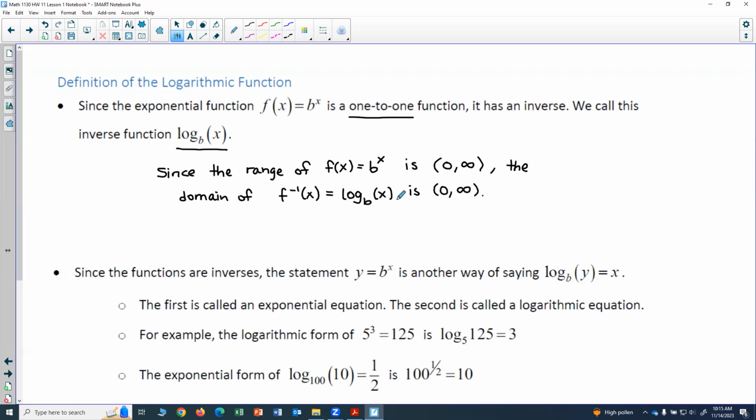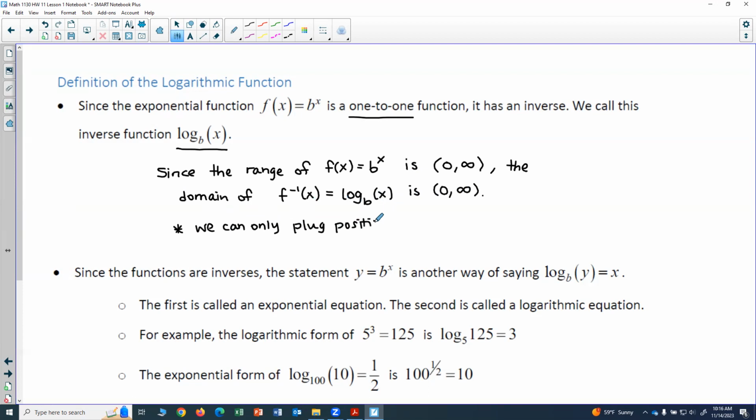So think about what that tells you about what numbers you can actually plug into a logarithmic function. That tells us that you can only plug in positive numbers.